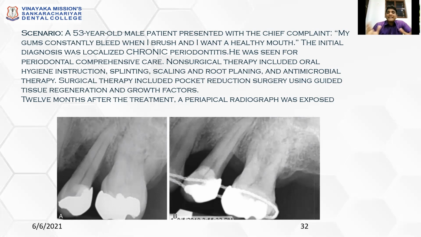Another question: if the same amount of bone loss is seen in a 25-year-old patient and in a 50-year-old patient, who will have a better prognosis? If somebody said the young patient, that is wrong, because the amount of exposure and the amount of defect should be correlated.